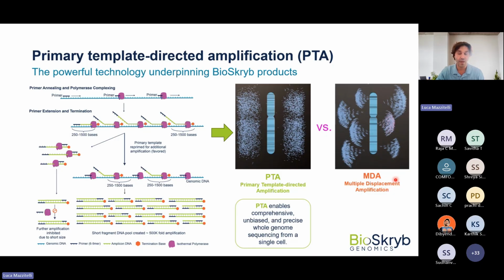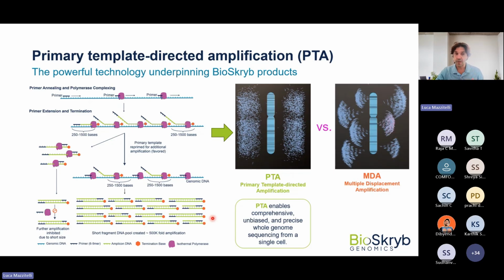And what is the advantage that PTA gives us? The main advantage is to obtain a comprehensive, unbiased, and precise whole genome sequencing, compared to MDA, which is exponential amplification.